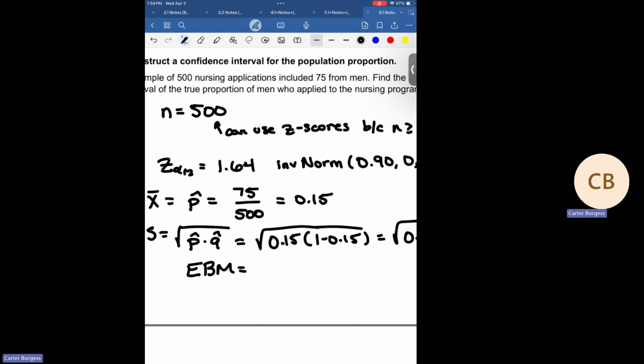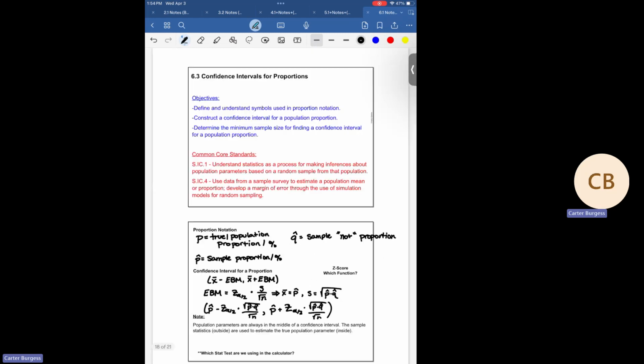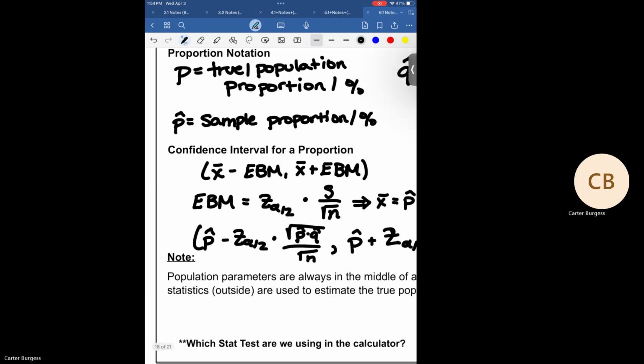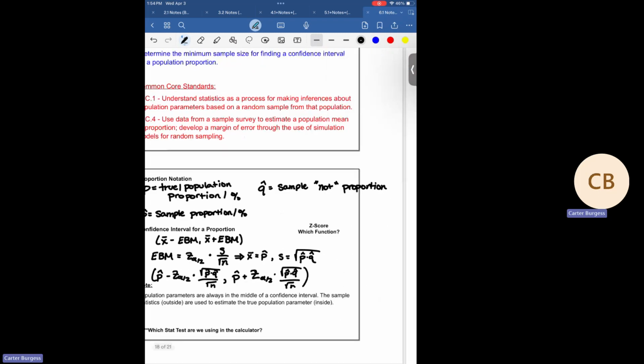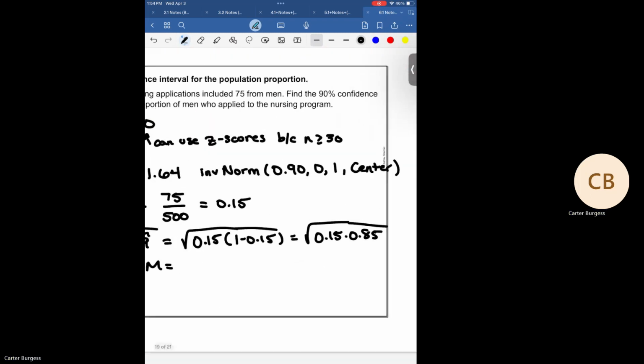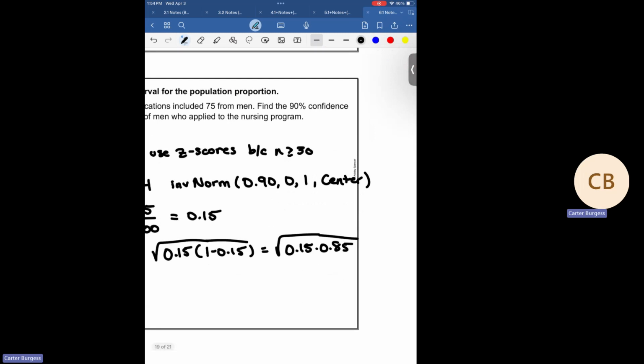What is the margin of error for what we have here? Yeah, 0.03 something.